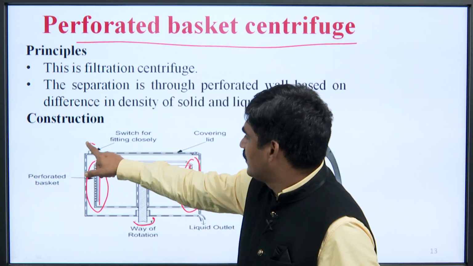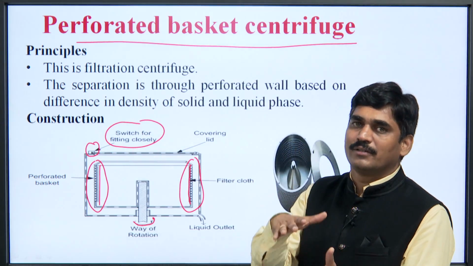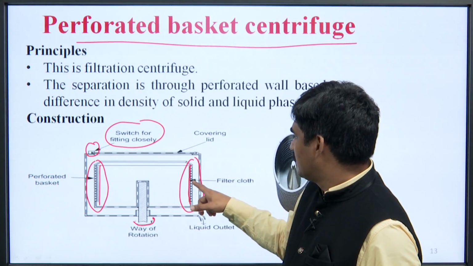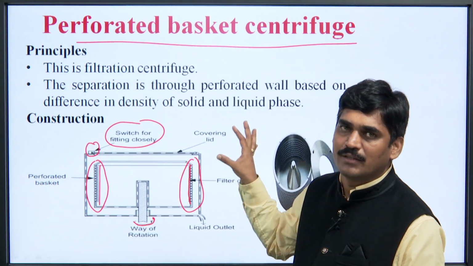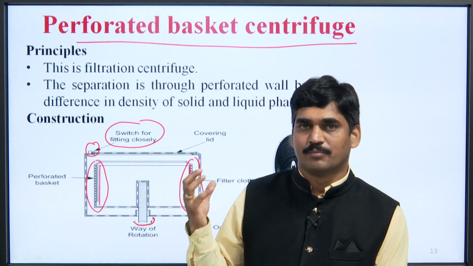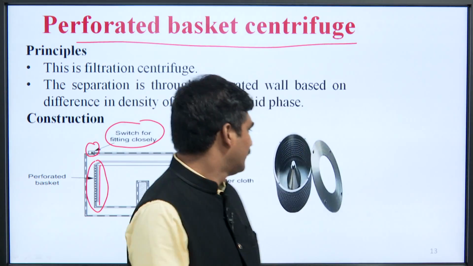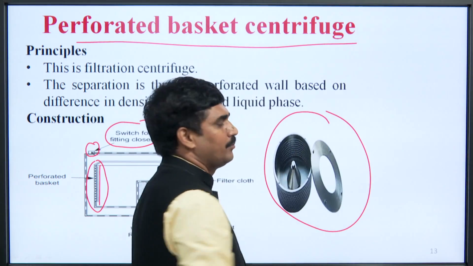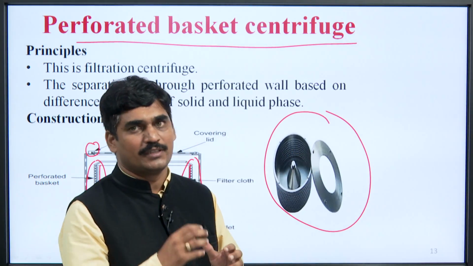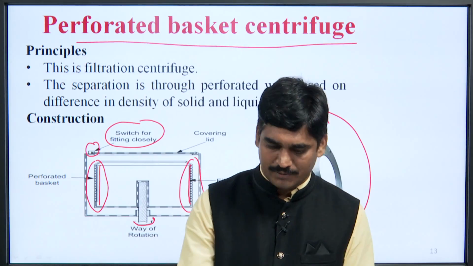There is an assembly for closing the lid of the centrifuge tightly. These are the different parts of this perforated basket centrifuge. It is a bottom operated perforated basket centrifuge. This is a diagram of the perforated basket centrifuge. You see the walls of the centrifuge are perforated, that means there are holes present in the walls.